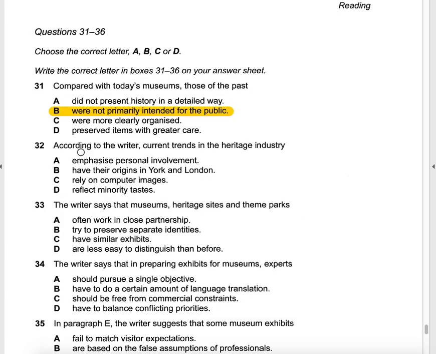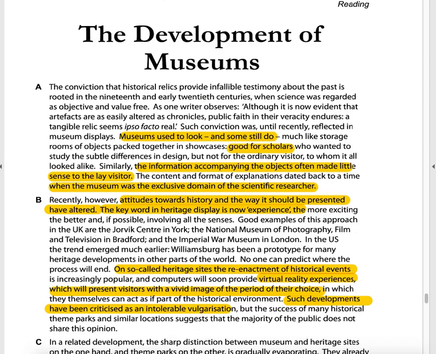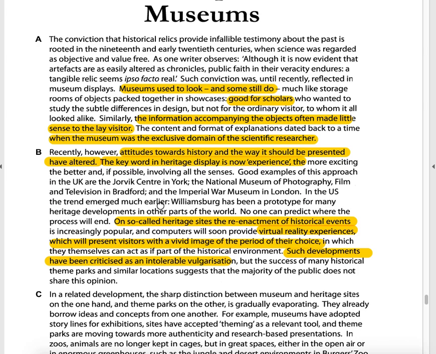Let's look down here. According to the current trends in the heritage industry. Okay, so it talked about the heritage industry, heritage sites. Emphasize personal involvement. Maybe I did see something about rely on computer, reflect minority tastes. Going back here, it says no one can predict where the process will end.